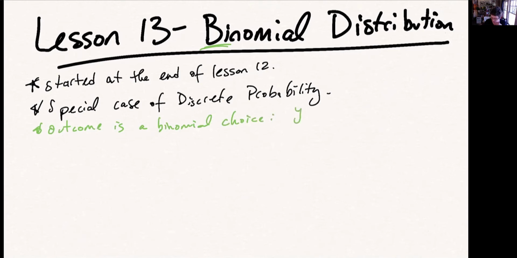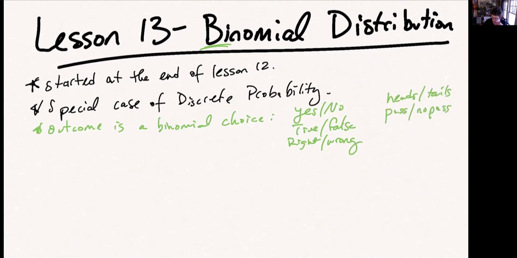You can think of this as yes, no, true, false, right or wrong, heads or tails, pass, no pass, on time or late, on time or not, etc. Anything with two options. And when we're figuring out this probability, this is the first lesson where we started using our graphing calculators to find probabilities.